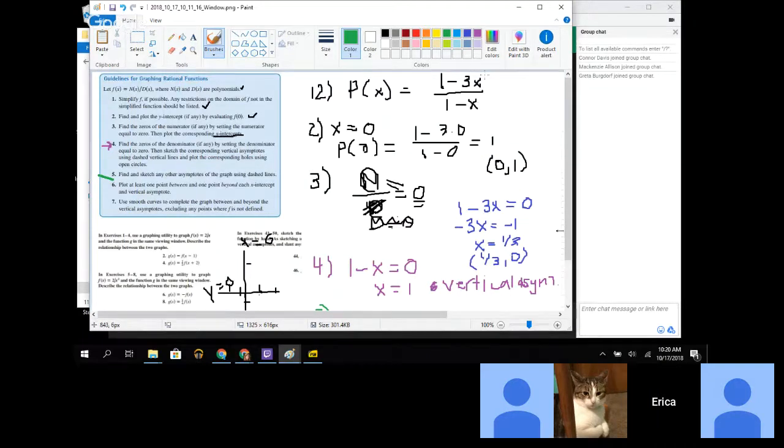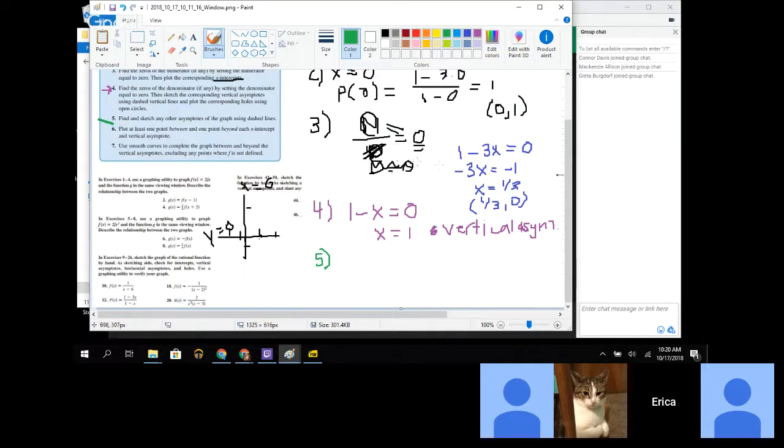So this has an exponent of 1 and this has an exponent of 1, so they equal each other, right? So therefore, my horizontal asymptote is y equals the coefficient in front of the numerator over the coefficient in front of the denominator. So this is a case where the exponents equal each other.